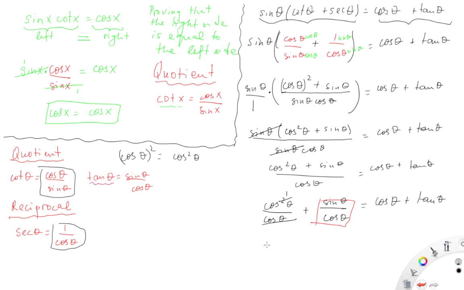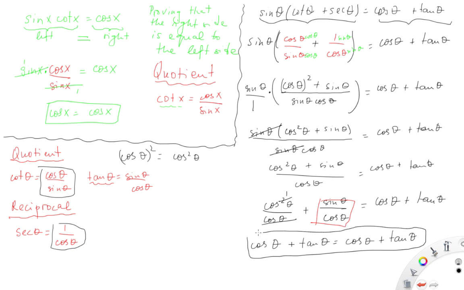So you can probably already guess, here I have left 1 cosine theta, or cosine theta to the first power, plus tangent of theta. And I just proved that the original left-hand side and right-hand side were actually equal.